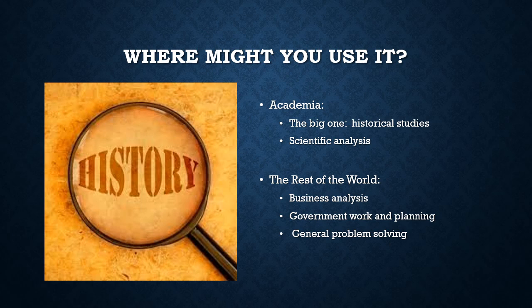It's also a big thing in scientific analysis, when you're going back trying to trace the different parts of your experiment to come up with your theories and whatnot. You're going to be doing cause and effect, trying to figure out what effects resulted from what causes and vice versa.